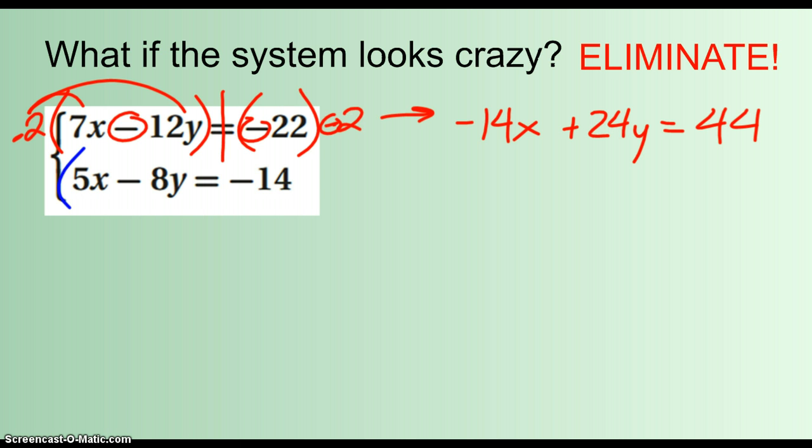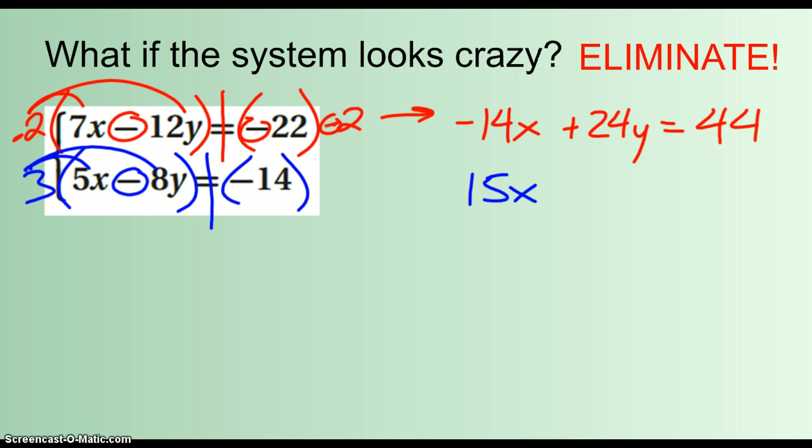And the bottom one, I'm going to multiply everything by 3. So 3 times 5x is 15x, and 3 times -8 is -24 with a y. And then I've got 3 times -14, that's going to be -42.